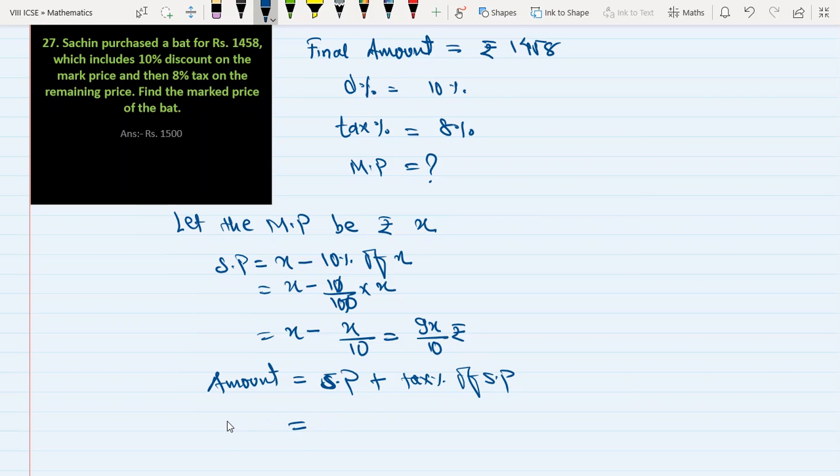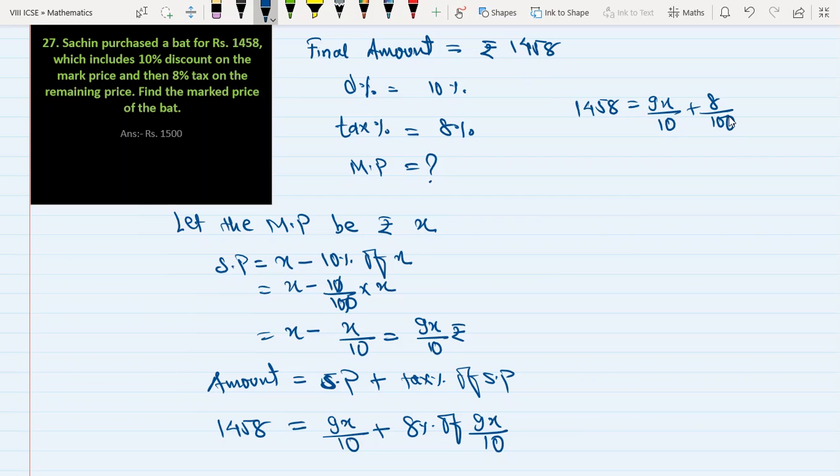What is the amount? 1458. What is the selling price? 9X by 10 plus what is the tax percent? 8%. 8% of 9X by 10. Now let's solve this equation. 1458 is equal to 9X by 10 plus 8 upon 100 multiplied by 9X by 10.